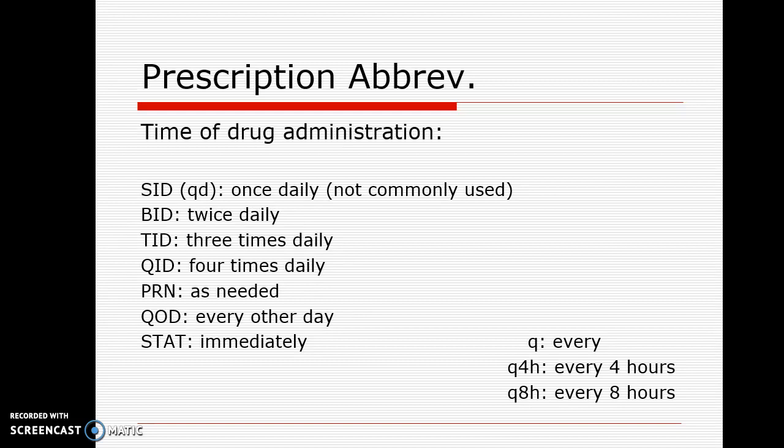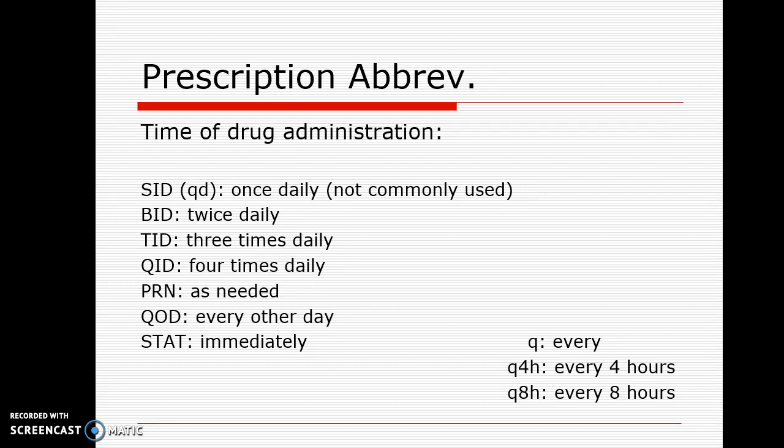BID, TID, QID, you're probably familiar with those. I would point out that QID, some students get confused with that one and QOD. So QOD means every other day. QID, just like BID, TID, it's that format, but it's 4 times daily. PRN is as needed. STAT is immediately.